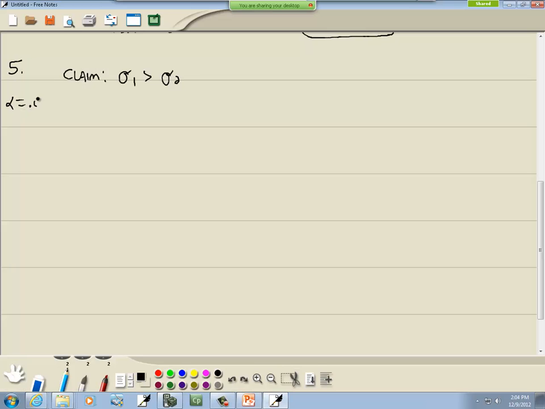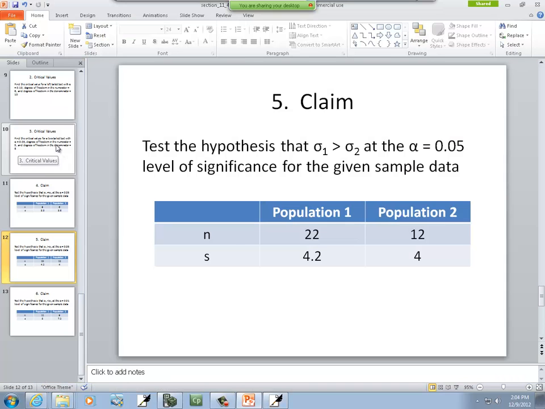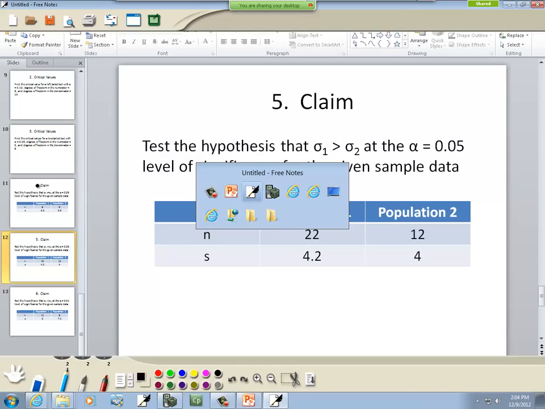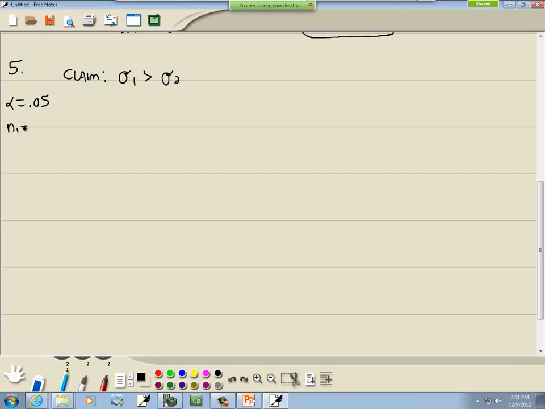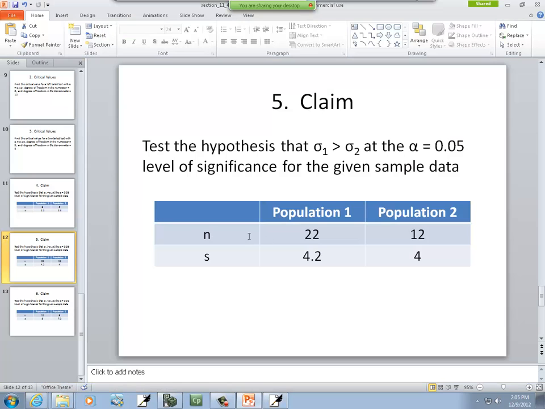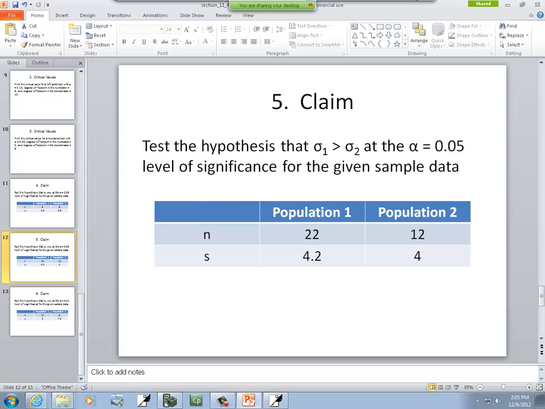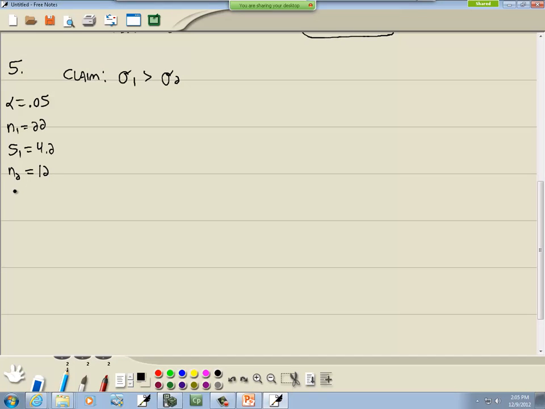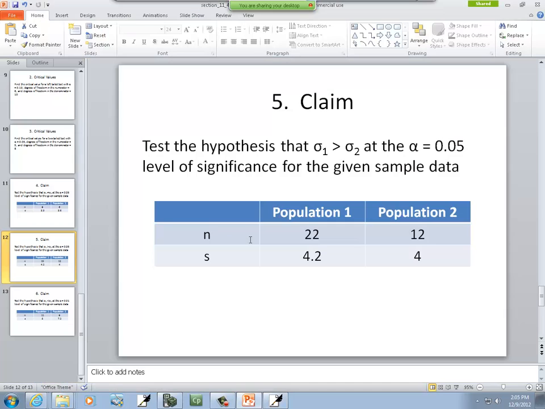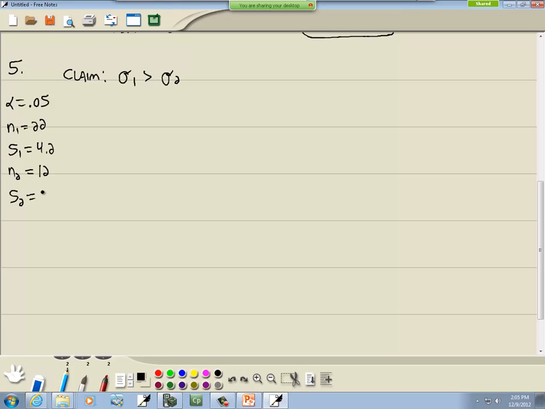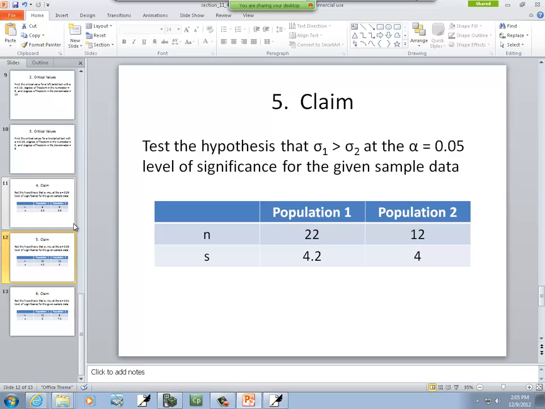So alpha is equal to 0.05. For our first population, n1 is 22. S1, our sample standard deviation, is 4.2. For our second population, n2 is 12, and S sub 2 is equal to 4. I guess that's everything they give us.